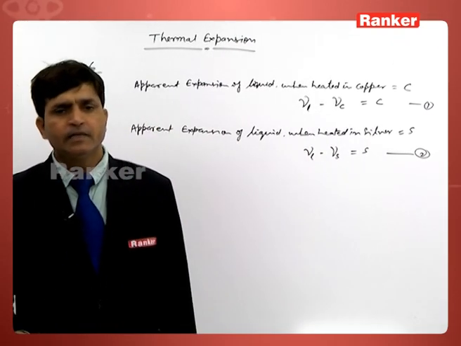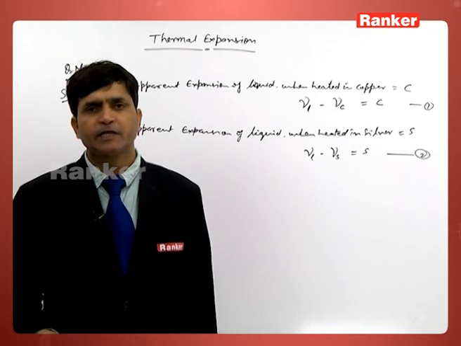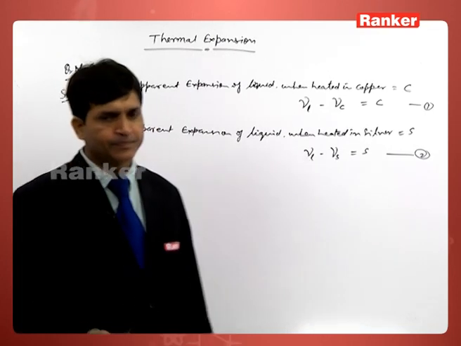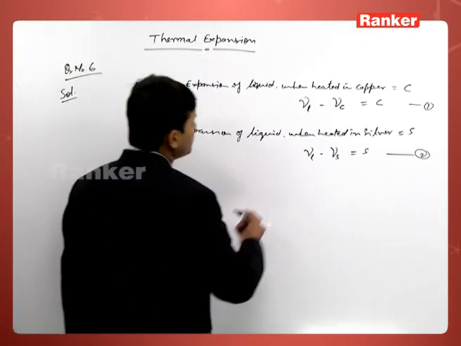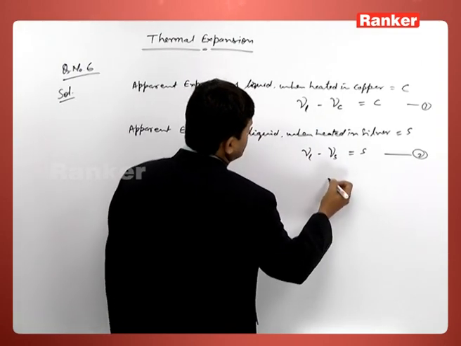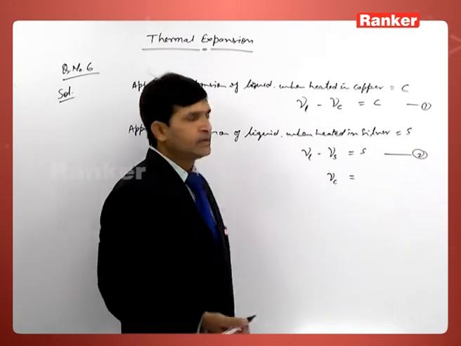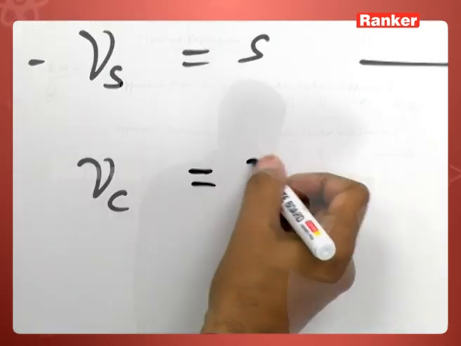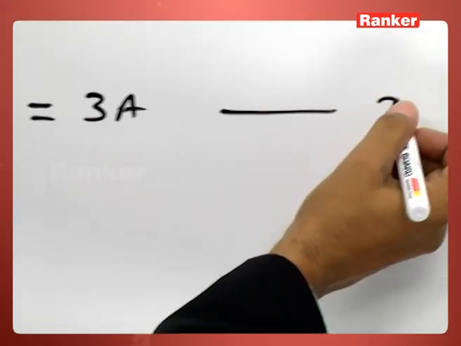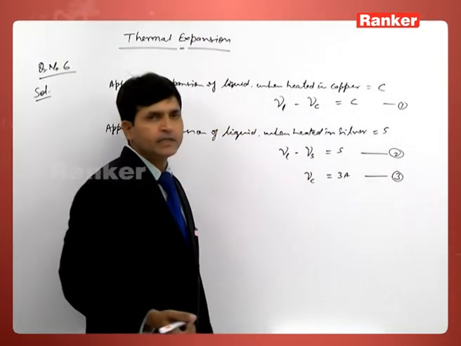Now it is given that the linear coefficient of expansion of copper is A. Third information: gamma copper, the cubical expansion, is equal to 3A.